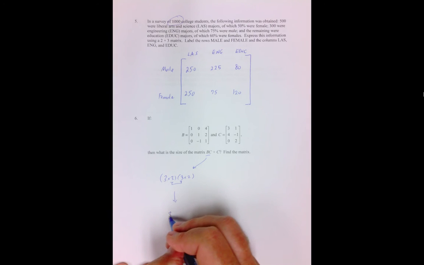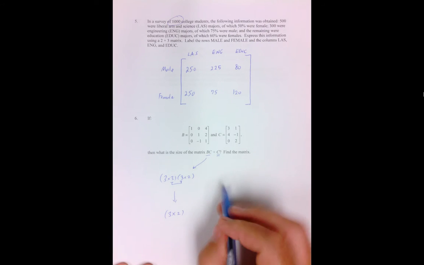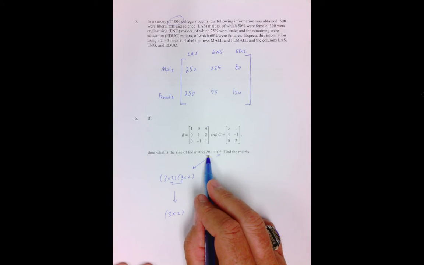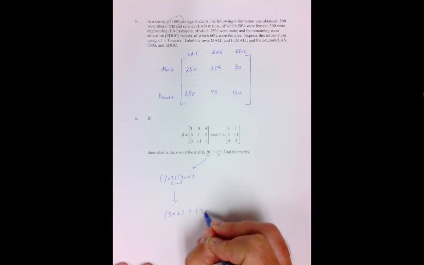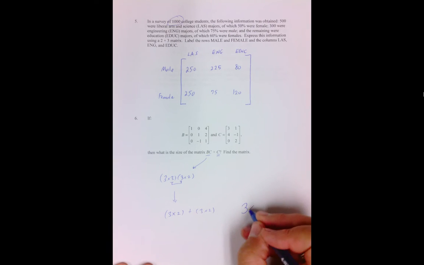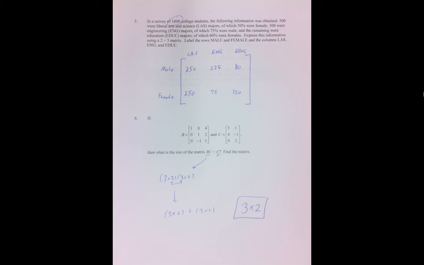The product is going to be a 3x2. The only way we can add a matrix to this matrix once we take the product of it is if it's the same size. So 3x2.